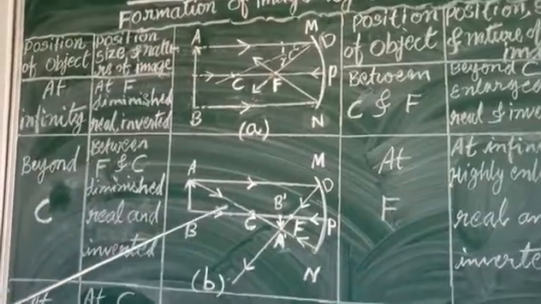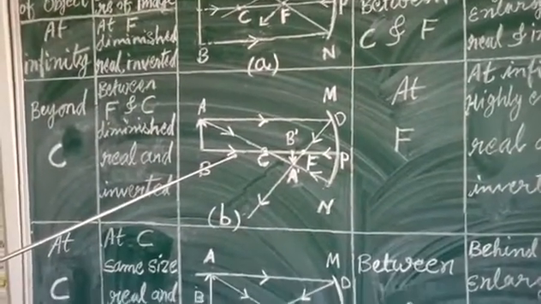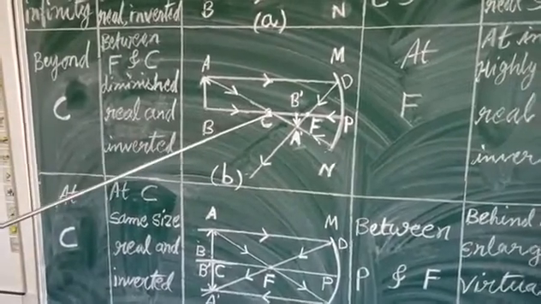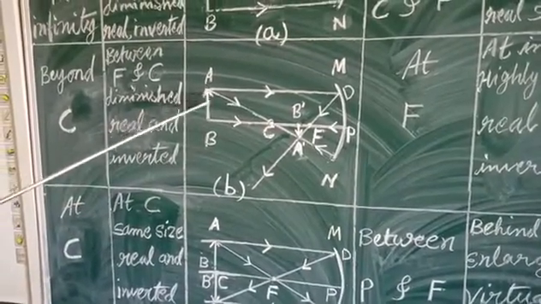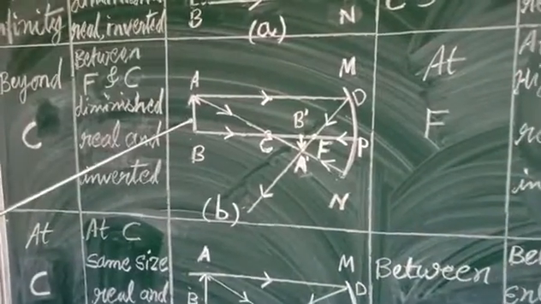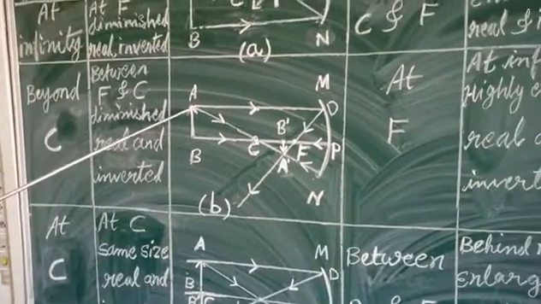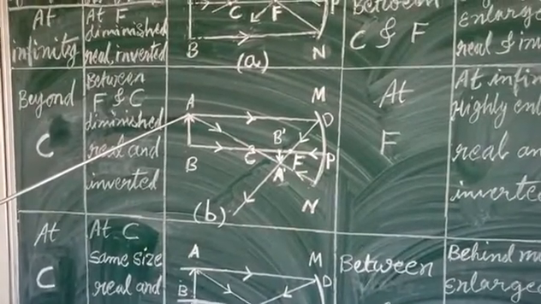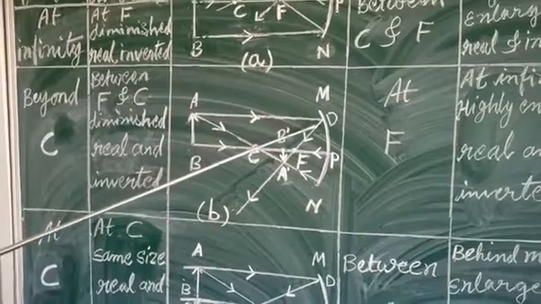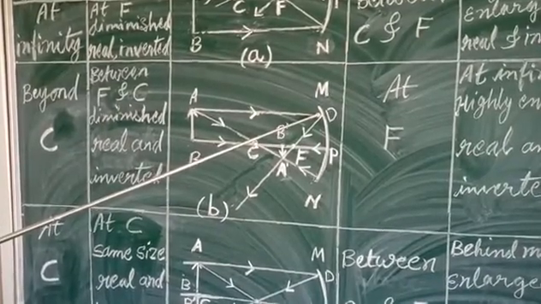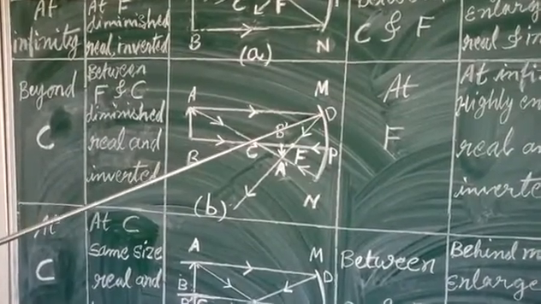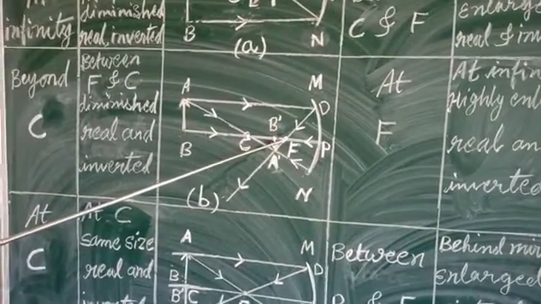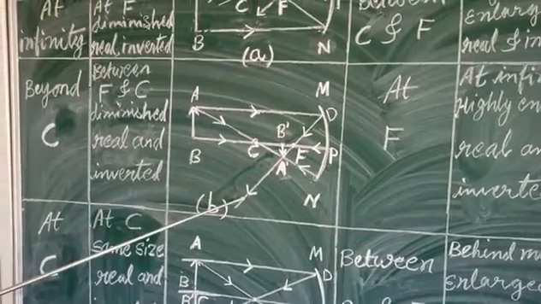Okay, now let us see the next diagram. When we place the object beyond the center of curvature, that is AB is the object, then a ray of light passes through the top point of the object and strikes the surface of the concave mirror, and after reflection it passes through the principal focus.